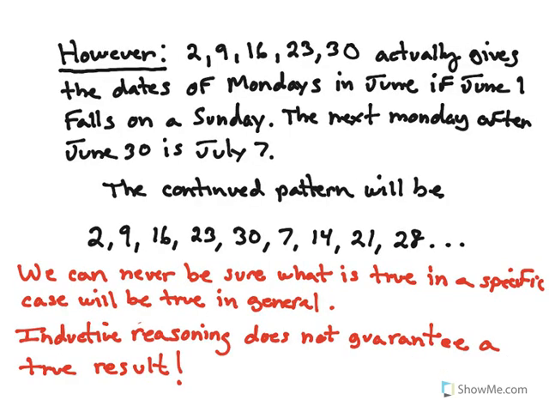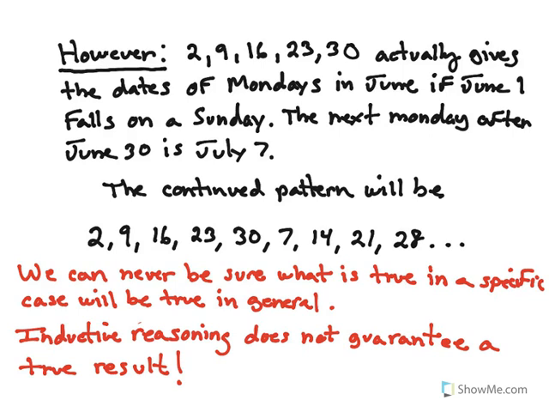If we look at this further, 2, 9, 16, 23, and 30 actually represents the dates of Mondays in June if June 1st falls on a Sunday. The next Monday after June 30th will be July 7th.